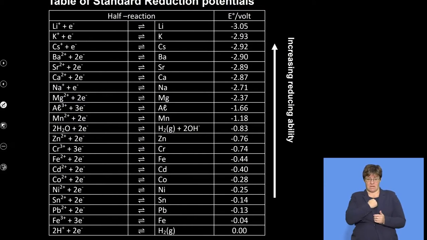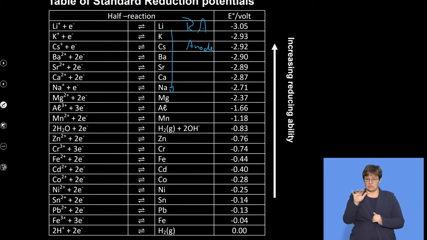So my rule is that I look at the table of standard reduction potentials, and I'm going to start on the right-hand side. I'm going to look for my reducing agent. In other words, I'm going to look at the substance that is likely to be oxidized. In other words, if it's going to be oxidized, I'm looking for my anode. So all of those thinking steps lead me to look on the right-hand side here at the metal.